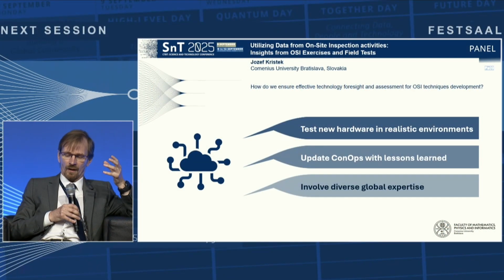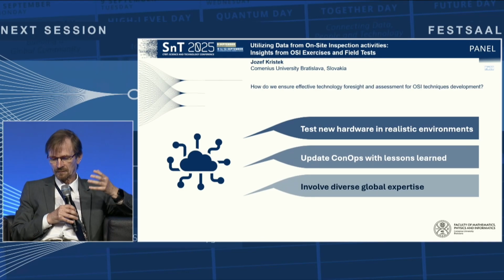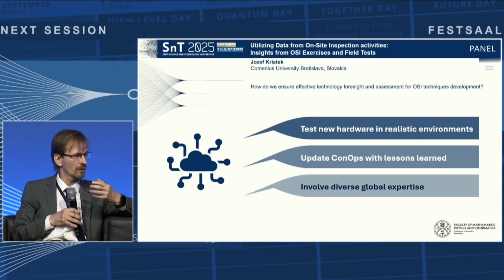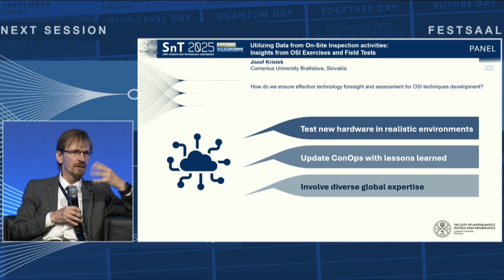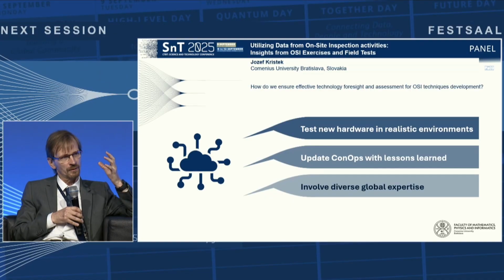Okay. From my perspective, effective foresight requires a balance between operational needs and scientific exploration. And this could be done through 3 main principles. The first is testing new technologies, new hardware, in realistic environments.